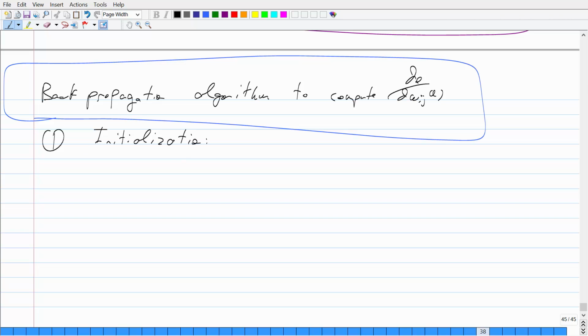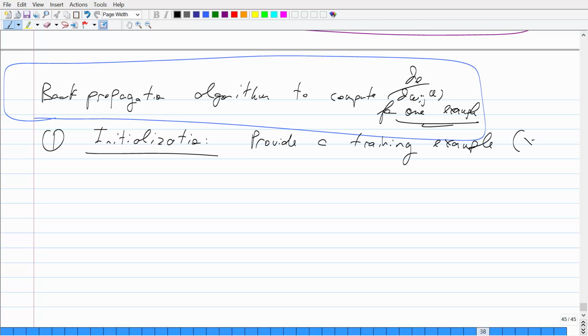okay, what you need to do is you need to provide a training example. So backpropagation to compute, this is for one example. Okay, so you need a training example first, okay?